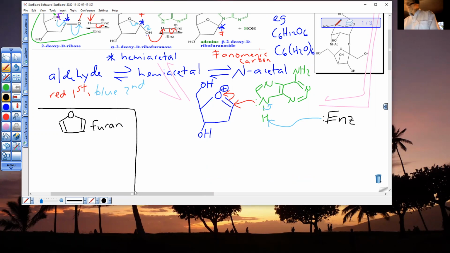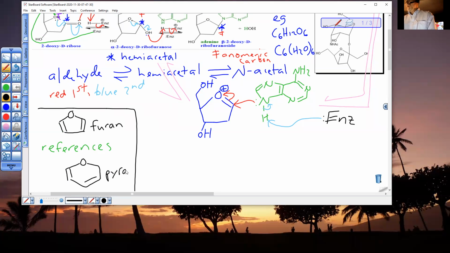So these are just reference molecules. They're not carbohydrates. References. And we have another molecule with a ring size 6. And it's here, and it's called pyran.